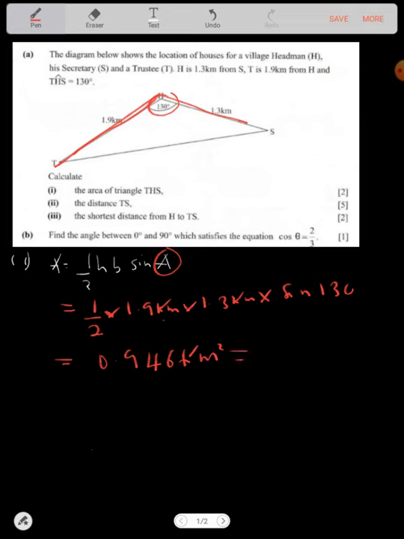Now, since they haven't given us the number of decimal places, it will be 0.95 kilometers squared. So let's keep in mind that the area of the triangle is equal to 0.95 kilometers squared.